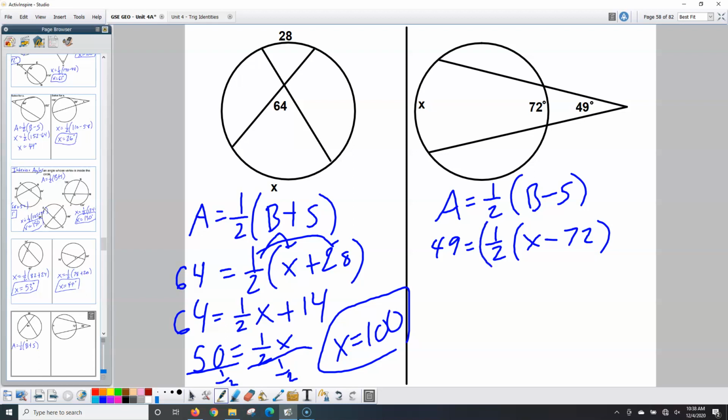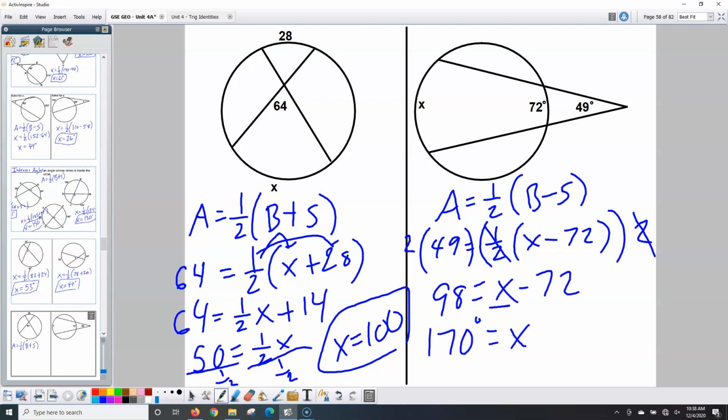So I'm going to multiply everything over here by 2, multiply everything over here by 2. So when I multiply the stuff on the right side, these will cancel each other out. I'm left with 98 equals X minus 72. Add the 72 over and you get 170. Either way works.